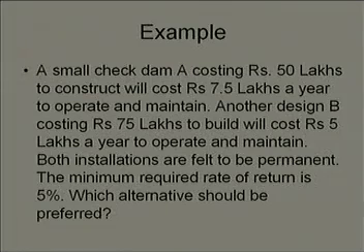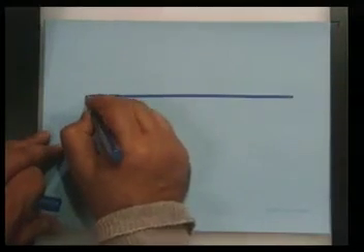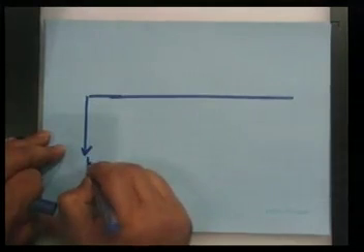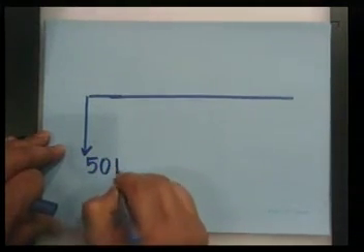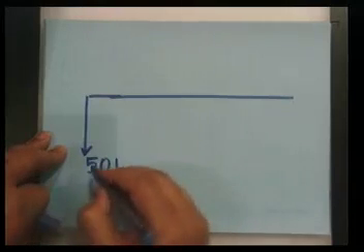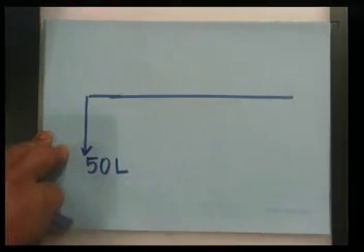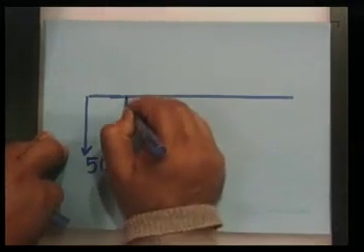I will try to help you in making the cash flow diagram. Let us say first I will draw for check dam A. For check dam A, I need to invest rupees 50 lakhs now. I will write lakhs as L. So, rupees 50 lakhs I am investing now. In addition to this, how much more do I have to invest towards operation and maintenance? 7.5 lakhs every year.